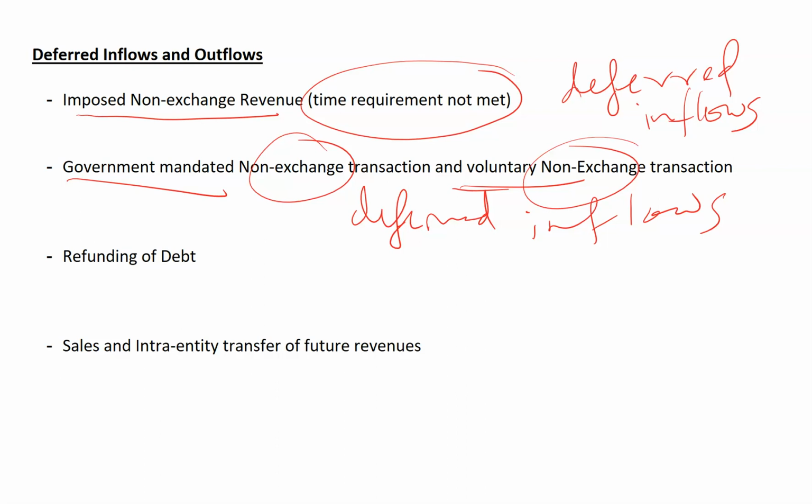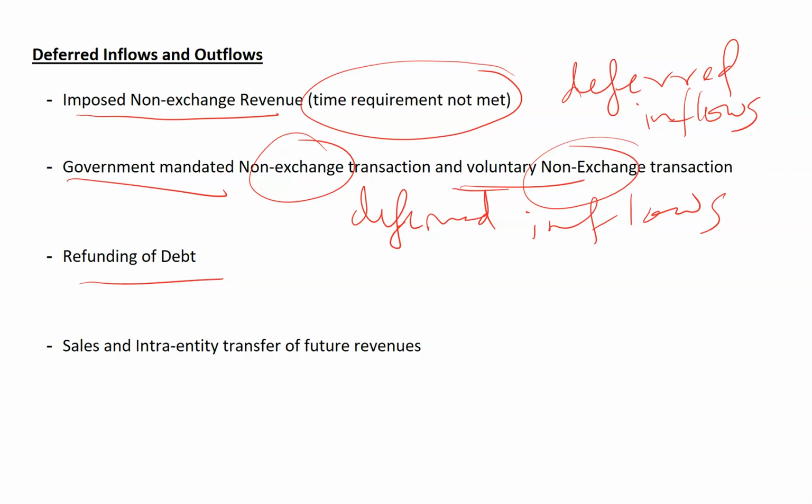So deferred inflows are not your earned revenues, rather it's kind of a liability, but we list it after all regular liabilities. Refunding of debt can happen. If you want to refund your debt, you can check the difference between the reacquisition price of the debt and the net carrying amount of the old debt, and the difference you could show as deferred inflows or outflows. Next, sales and intra-entity transfers of future revenues.